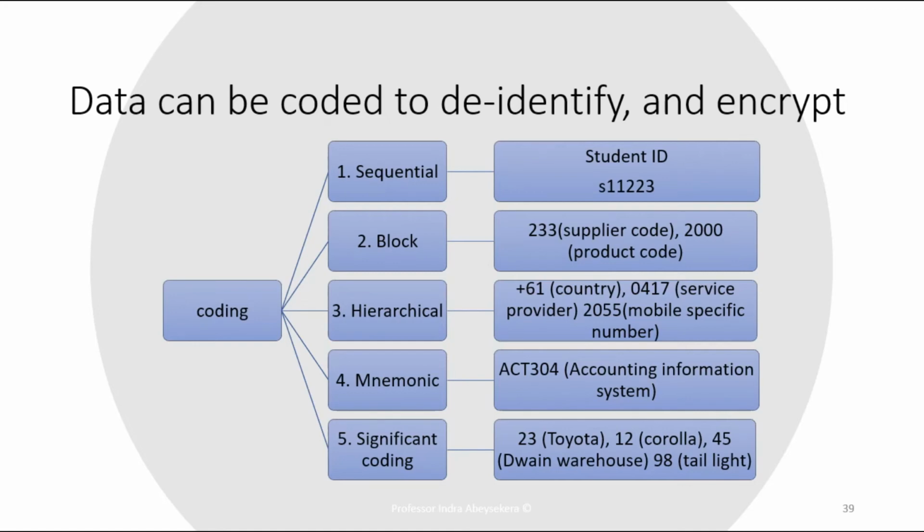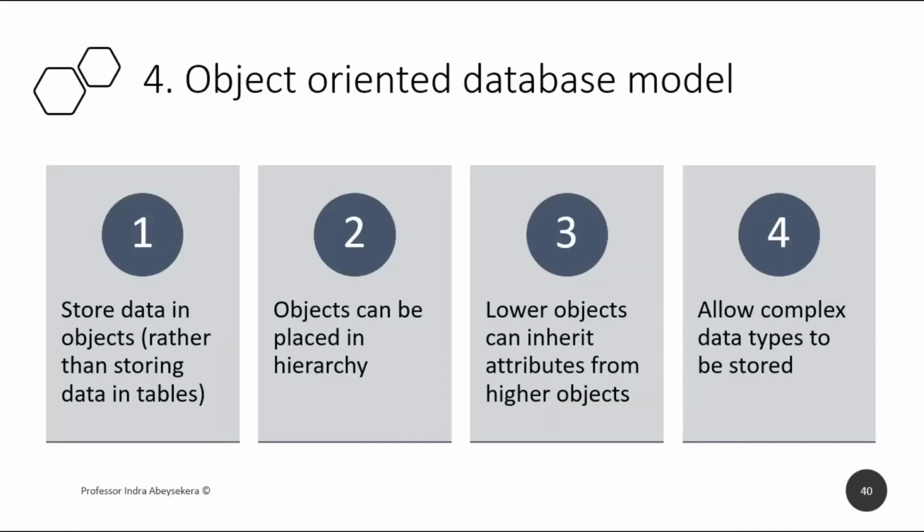and the mobile number specific to the number. Mnemonics, it could have a name, a course unit name like accounting information systems, but the mnemonic is SAT 506 or 304 and so forth.